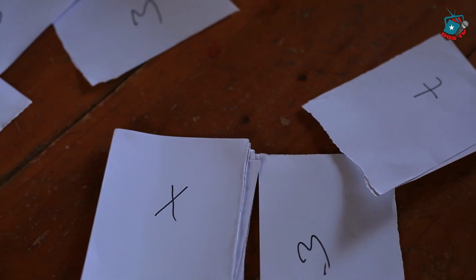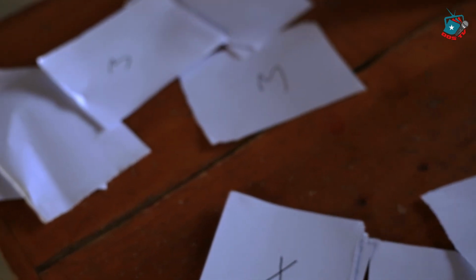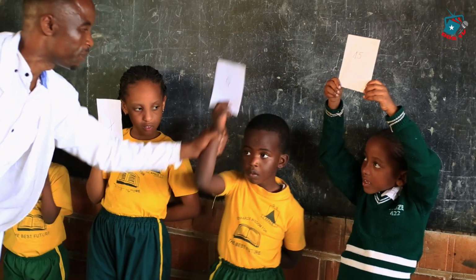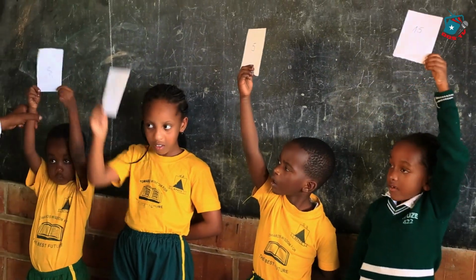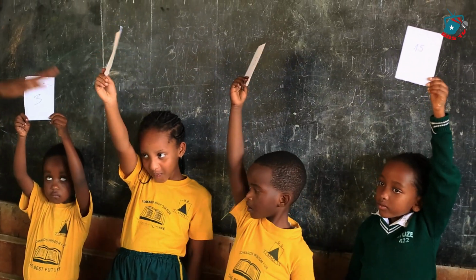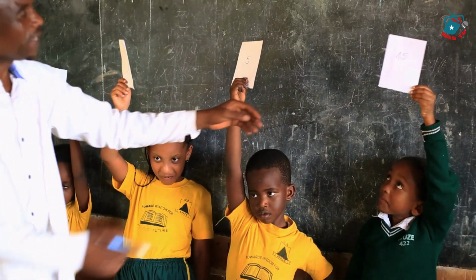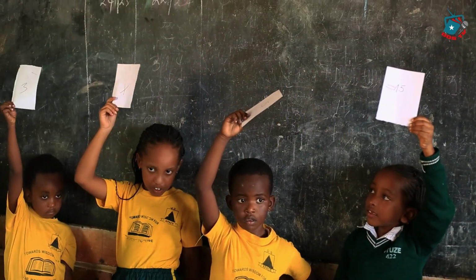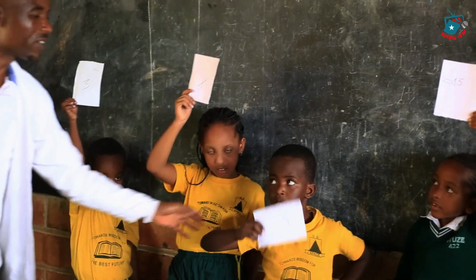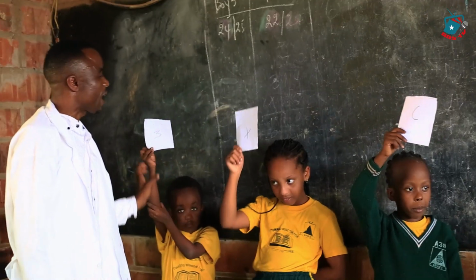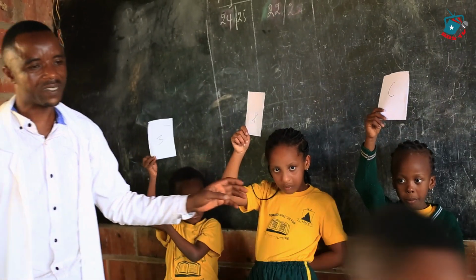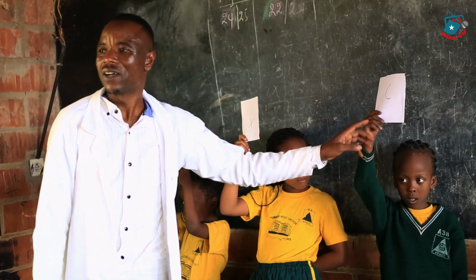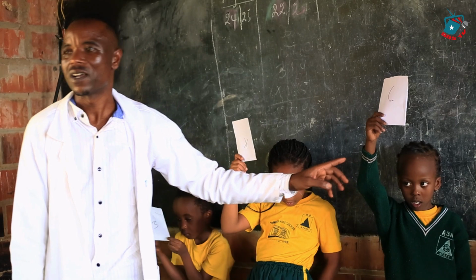Thank you very much. Please show us. 3 times 5 equals 15. Good. 3 times 6 equals how many? Who has the answer?